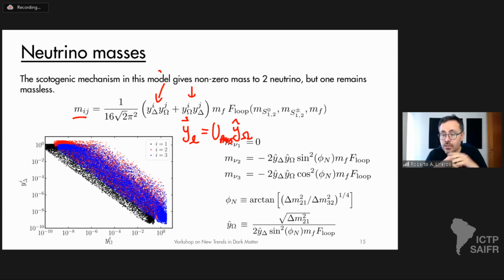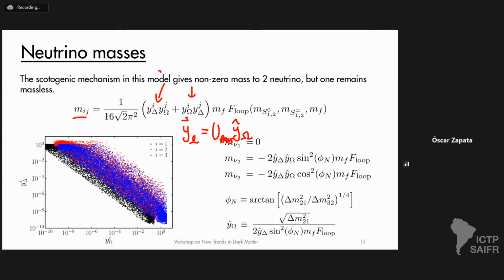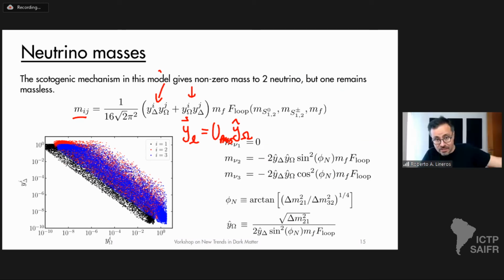But we didn't include any complex phases. We remain as real as possible because we have to deal with a lot of couplings in the scalar sector. So we tried to reduce them to the maximum. I don't know what could be the implication for the phenomenology, but we didn't include it.